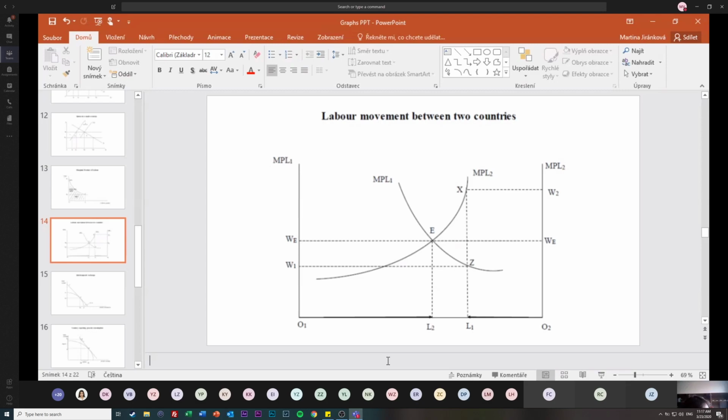For example, you were talking about a country which is giving loans. In this case, this oil country exported present consumption, gave a loan to some other country.